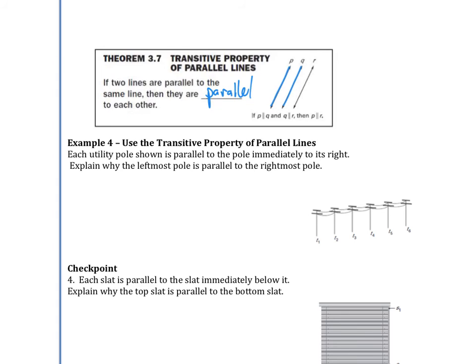So example 4 says each utility pole shown is parallel to the pole immediately to its right. Explain why the leftmost pole is parallel to the rightmost pole. So basically, this pole is parallel to the pole to its right. Then pole 2 is parallel to pole 3 because it's to its right. Pole 3 is parallel to 4, 4 is parallel to 5, and 5 is parallel to 6. So we know that they're all parallel to each other.